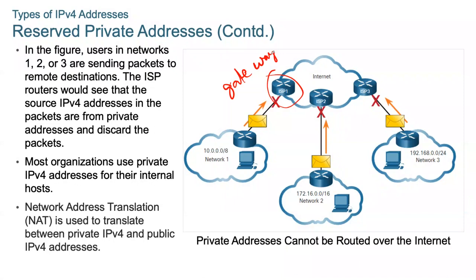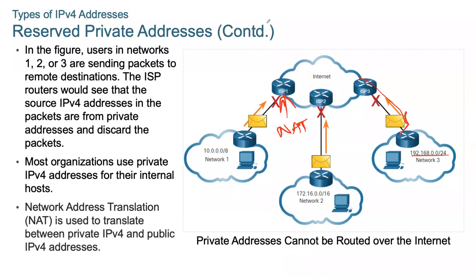The last router, which is the interface between the network and the internet, is the gateway, or network edge router. The job of this network edge router is network address translation, to translate private IP addresses into public and public IP addresses into private. From the sender's perspective, the private IP address is converted into public. From the receiver side, the public IP address is converted into a private IP address.